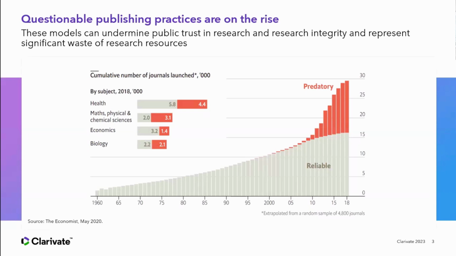And there will be more unethical publishing behaviors, and this causes a very big problem. Just looking at the statistics from May 2020 from The Economist, you can see that there's a sharp rise across all subject areas when it comes to questionable publishing practices.